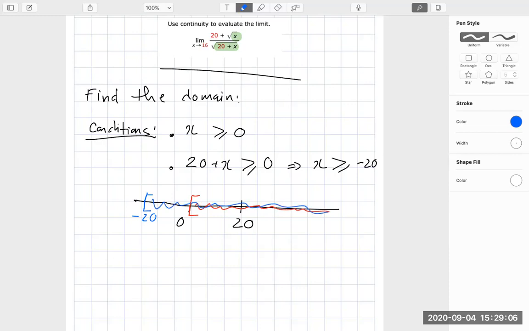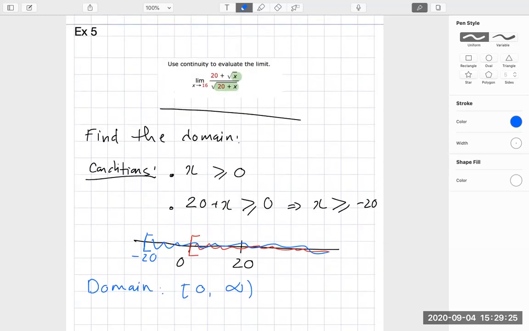So the intersection of these gives us the domain, which will be from 0 to infinity, right? This is the domain. Therefore, this function is continuous on 0 to infinity.